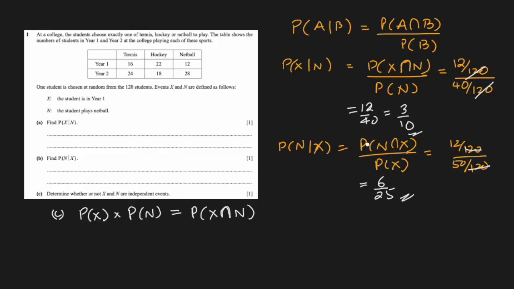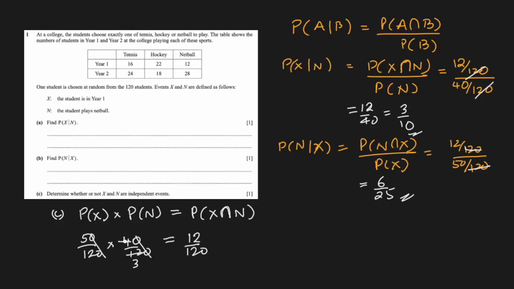The probability of X we already have is 50 out of 120. The probability of N was 40 out of 120, and the probability of X intersection N was 12 out of 120. Obviously this cannot be the same, but let's cancel these zeros, and this will also cancel.